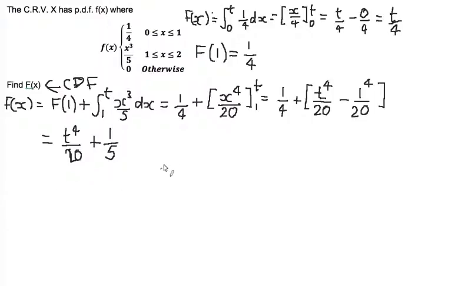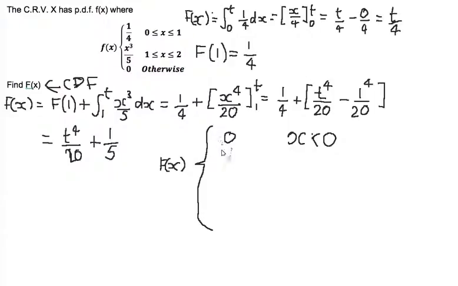Now remember, when we come to actually finishing this question, we just need to define the cumulative distribution function F of x over all possible ranges. So what happens if x is less than 0? Then your cumulative distribution function is 0, because we can't possibly have accumulated any probability.